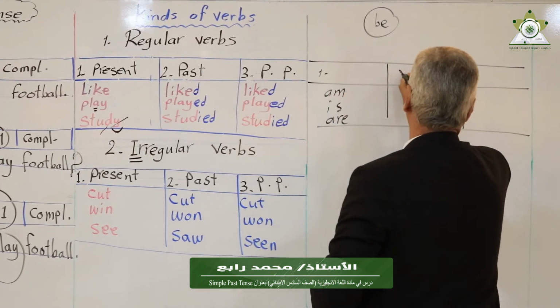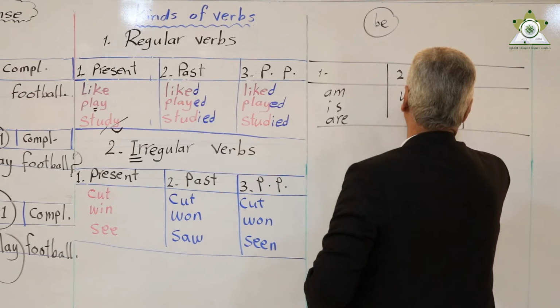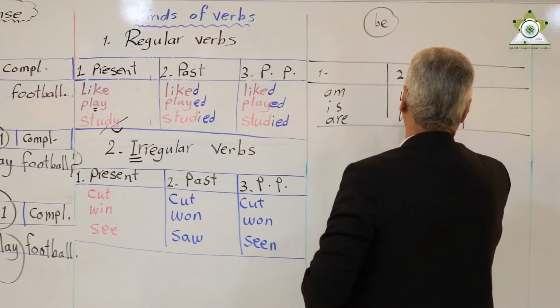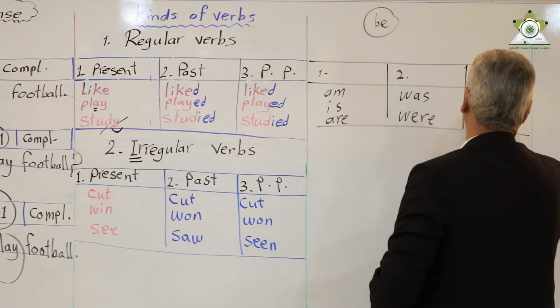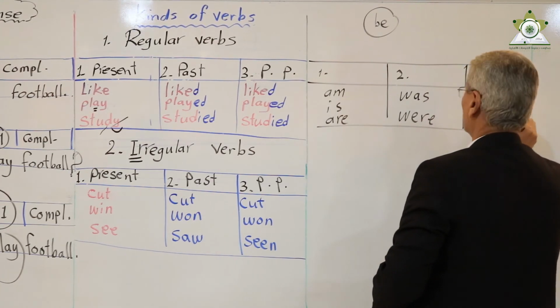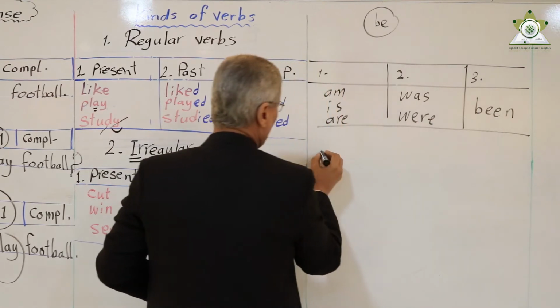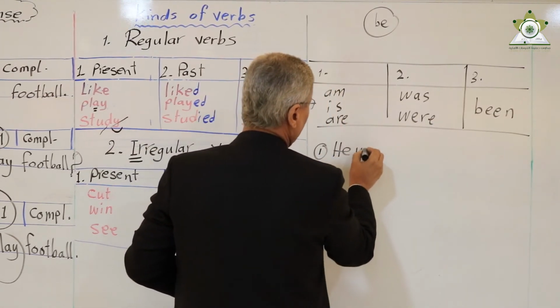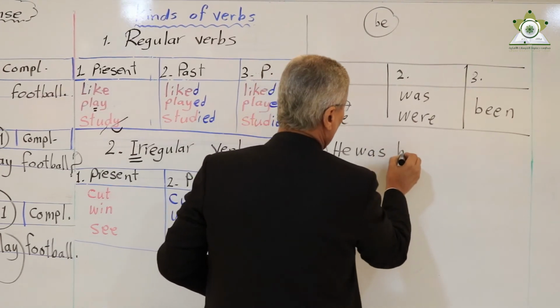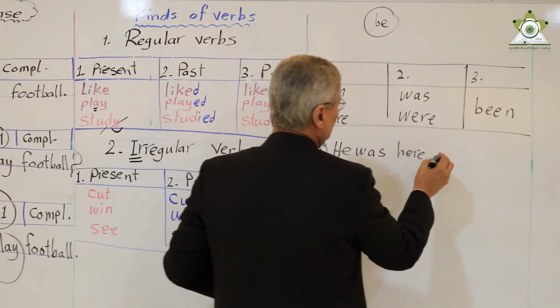In the past, we have was, were. In the past participle, we have been. Notice here, look at this sentence. He was here yesterday.